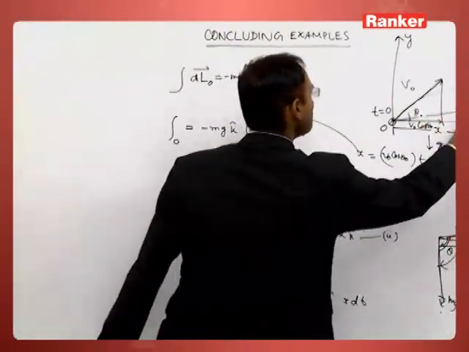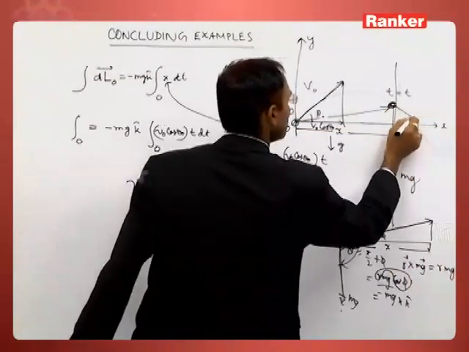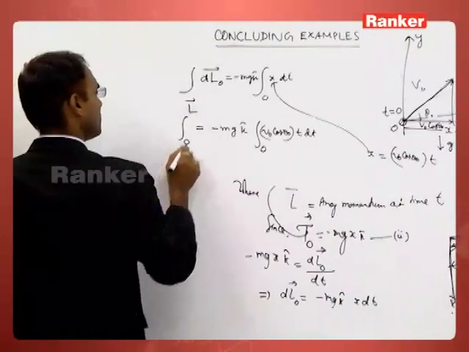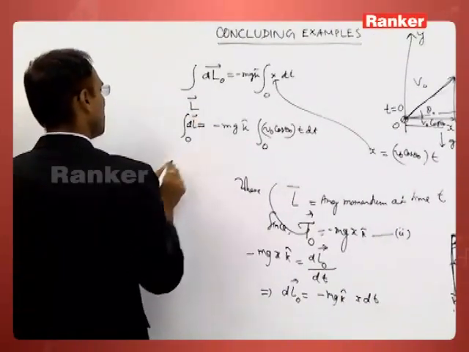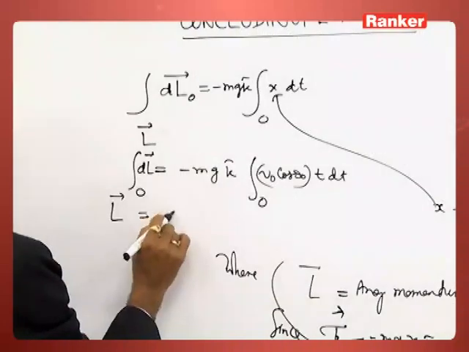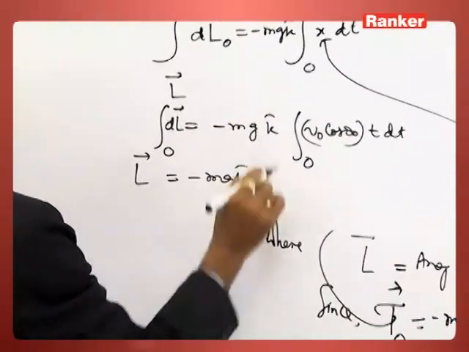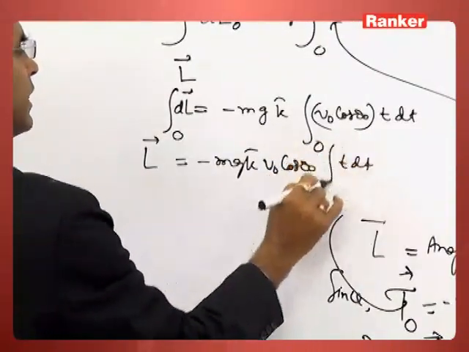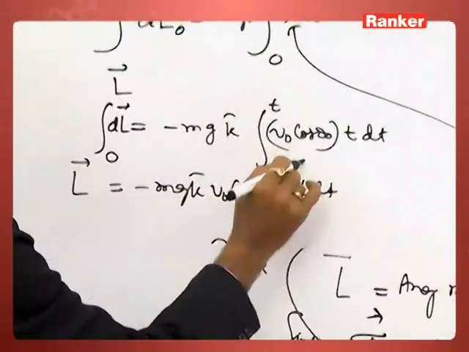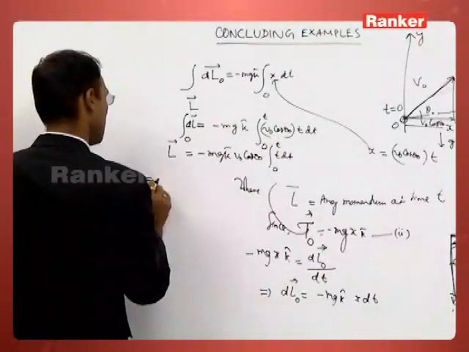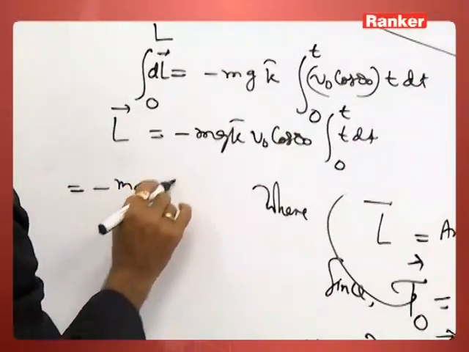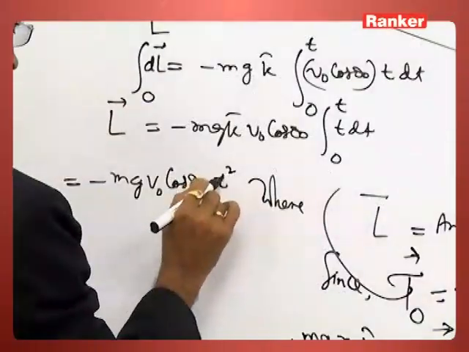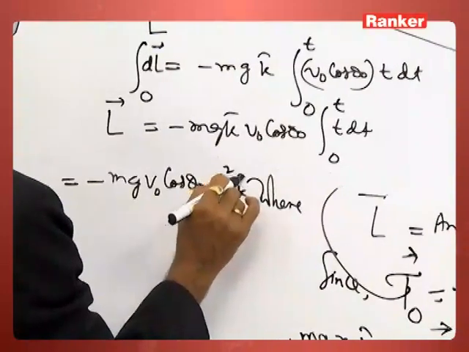When the particle comes to this position, having the velocity v, its angular momentum let be L. So, L vector is equal to minus mg k cap v naught cos theta naught t dt integral 0 to t. This gives us minus mg v naught cos theta naught into t square upon 2 into k cap.